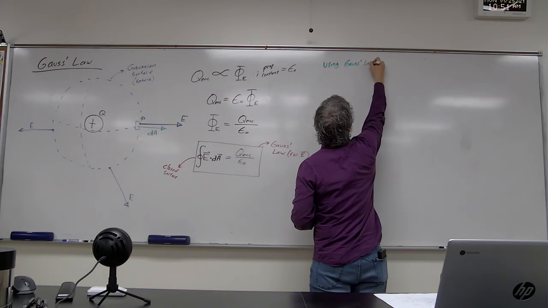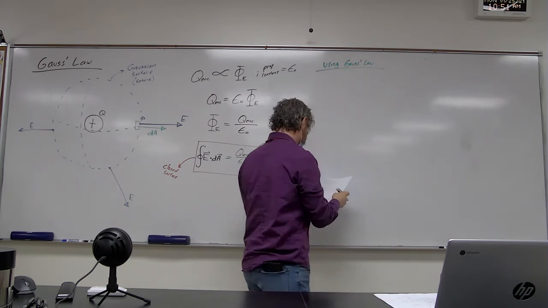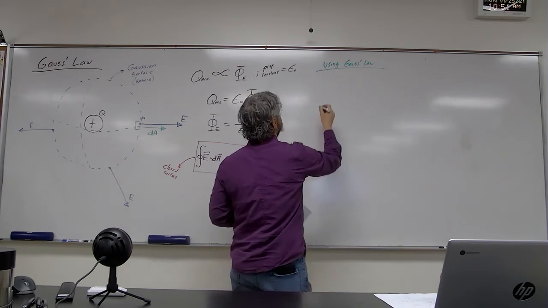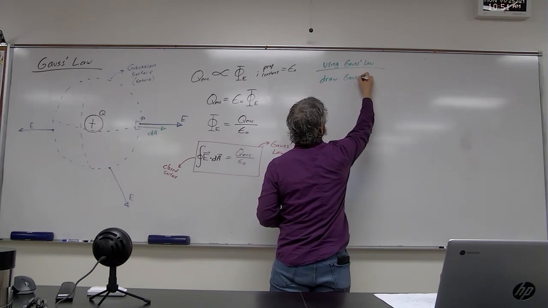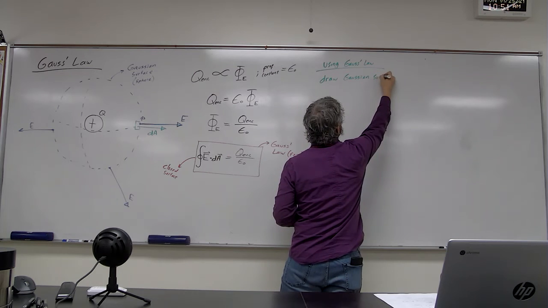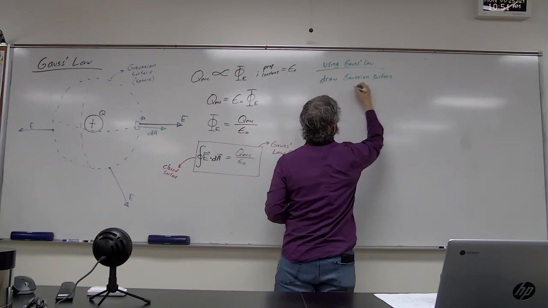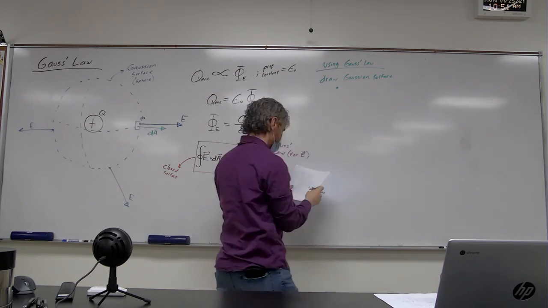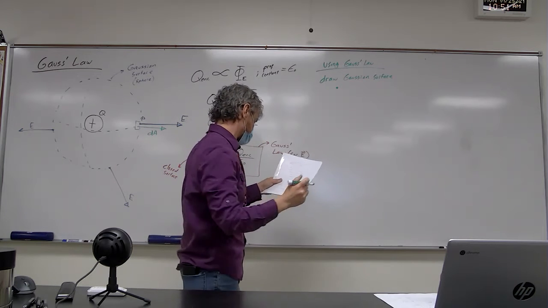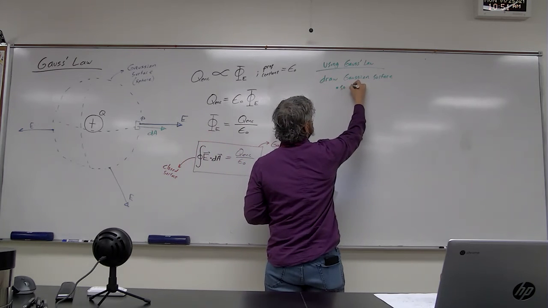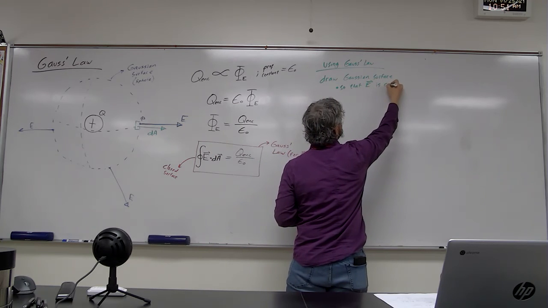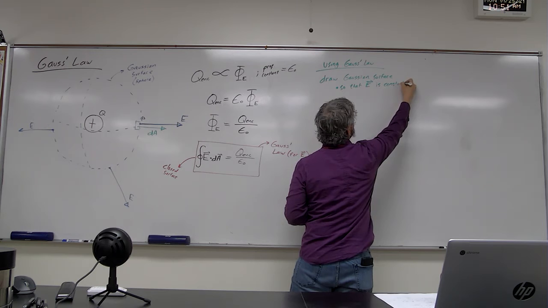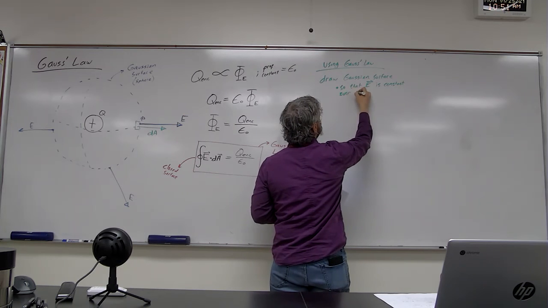Let's see if we can come up with another good acronym. You draw your Gaussian surface, and you do so with some bullet points here. Draw your Gaussian surface so that the electric field is constant over the entire surface.